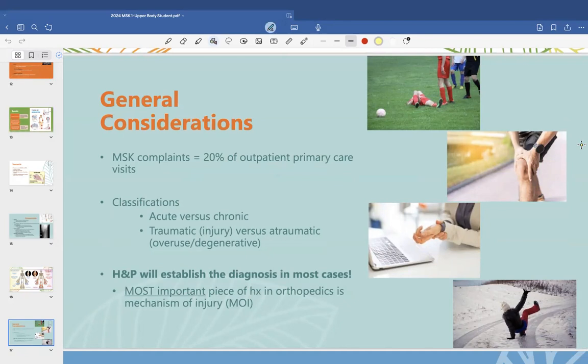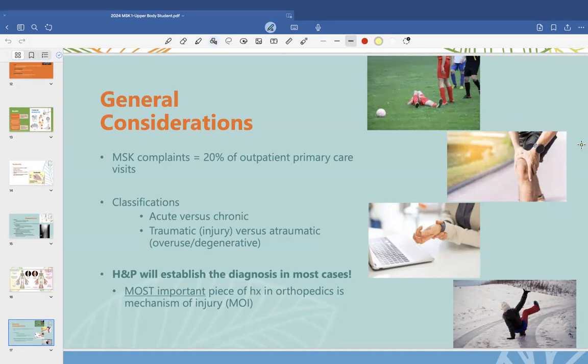So when we talk about it, the first thing we do is figure out, is this something acute versus something chronic? Is this traumatic, like from an injury, or is it overuse, atraumatic? In probably 80–85% of patients, you can diagnose MSK injuries or pathology from a history and physical exam alone.